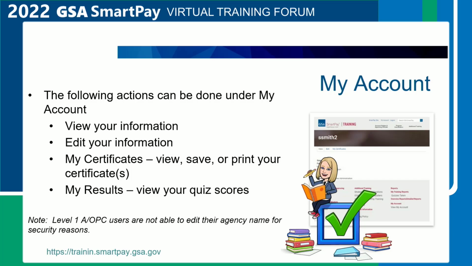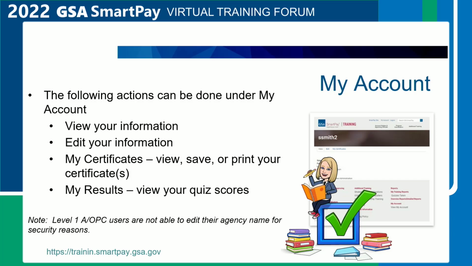Under the My Account link, you can view or edit your information, view quiz score, and view and download your certificates. For most users, all information can be edited. Level 1 AOPCs may not edit their agency name.